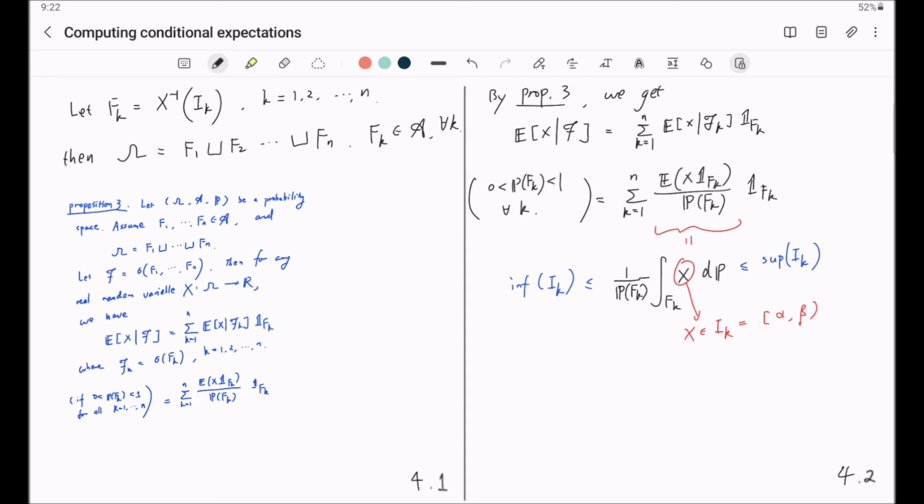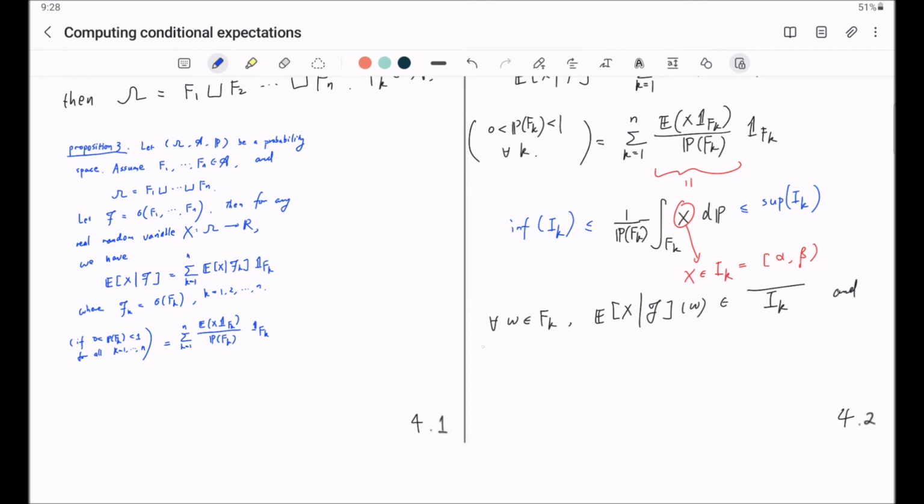And this tells us that for any omega in F sub k, E of X given F evaluated at omega is in the closure of the interval I sub k.